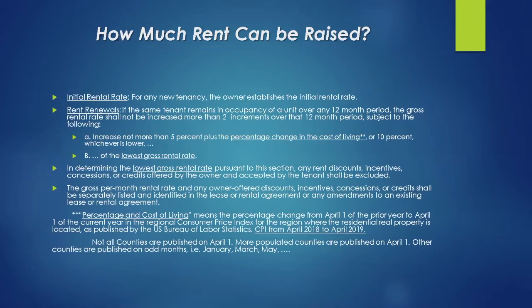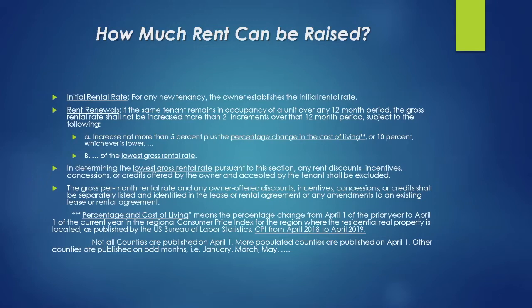If the same tenant remains in occupancy of a unit over any 12-month period, the gross rental rate shall be increased no more than 2 increments over that 12-month period, subject to the following. A, increase not more than 5% plus percentage change in the cost of living, or 10%, whichever is lower, of the lowest gross rental rate.